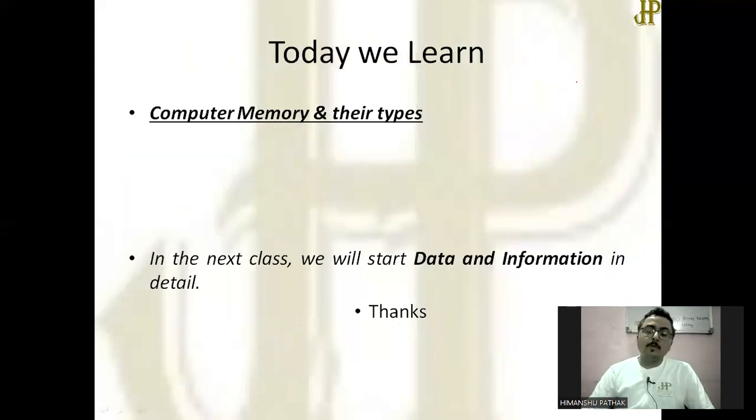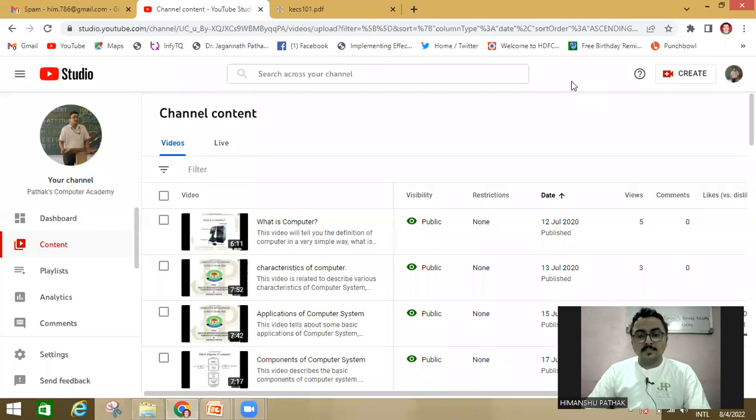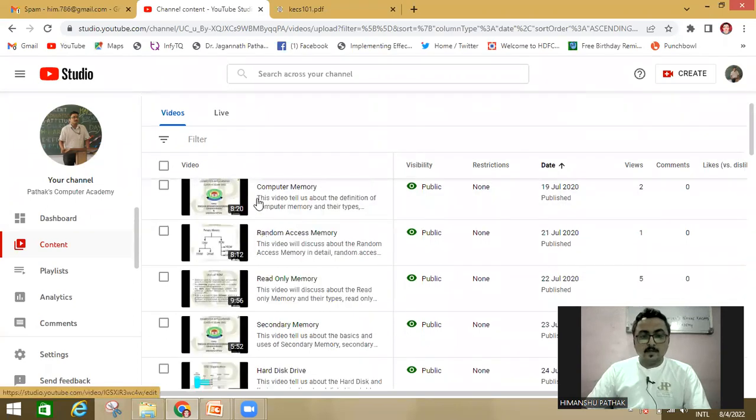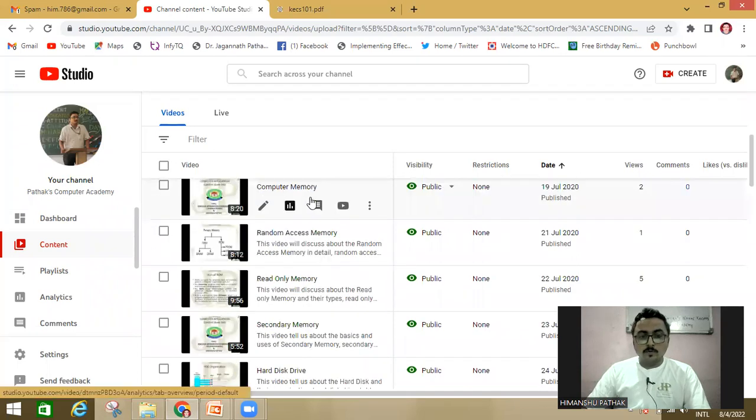So all these secondary devices or primary devices are taken care of individually in my videos that I have already created for 9th class students. You can go through my channel Pathak's Computer Academy on YouTube, and here you can see there is a video related to computer memory.